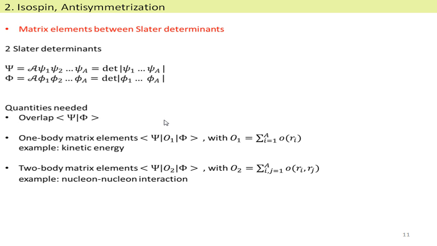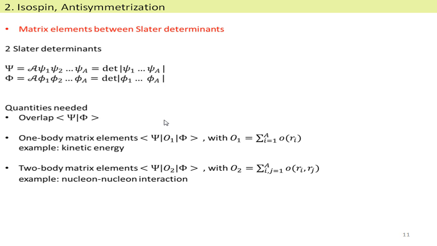And an example is the kinetic energy. So if you want to compute the kinetic energy of your system, you must be able to compute this matrix element where psi and phi are Slater determinants. So I wrote them here. The root mean square radius, for example, is another example of a 1-body operator, as are electromagnetic operators.